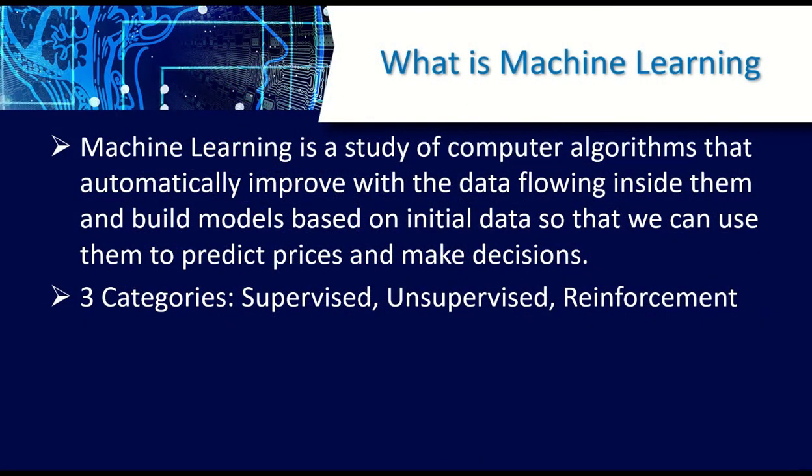Machine learning is a study of computer algorithms that automatically improve with the data flowing inside them and build models based on initial data so that we can use them to predict prices and make decisions. We have three categories: supervised learning, unsupervised learning, and reinforcement learning.